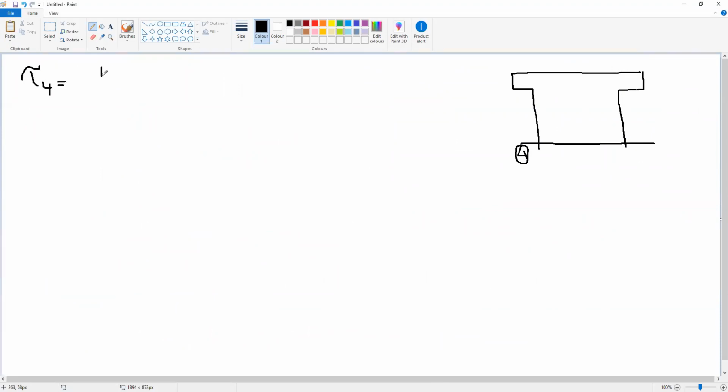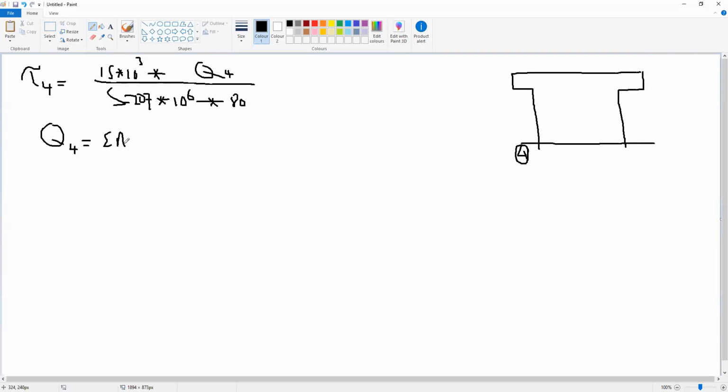We have 15 multiplied by 10 to the power 3 divided by I, 5207 multiplied by 10 to the power 6, and we know that T here is 80, and we need to find Q4. So Q4 is equal to the summation of area above 4 multiplied by Y. What is the area above 4? We have two areas.